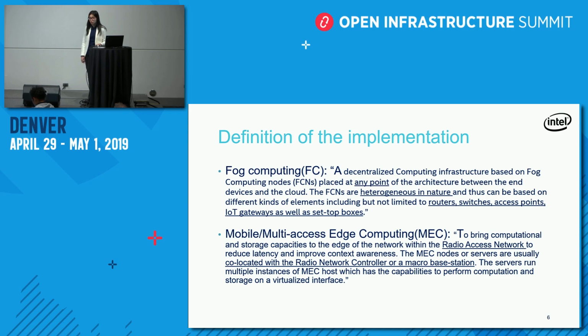The nodes are heterogeneous in nature, and they can be placed at devices like routers, switches, access points, or gateways, etc. For mobile or multi-access edge computing, the point here is that it always resides in the radio access network, and mainly it's co-located with the network controller or macro base station. So they are running in servers to help with the computation and storage here.